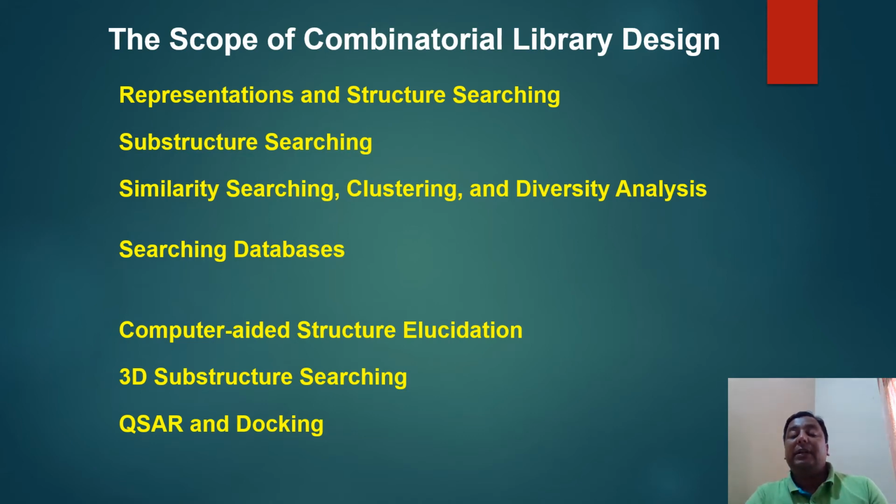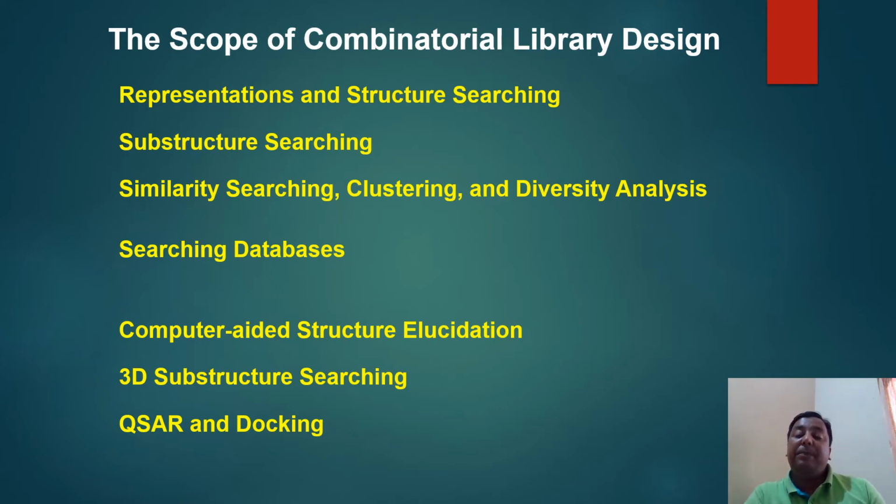Even 3D substructure searching through pharmacophore modeling and 3D QSAR modeling to identify similar types of compounds which are responding in the same way, right? And QSAR and docking, which we have studied before: interactions of two molecules, and QSAR, which is a mathematical function that correlates a wide variety of structural properties with biological activities.